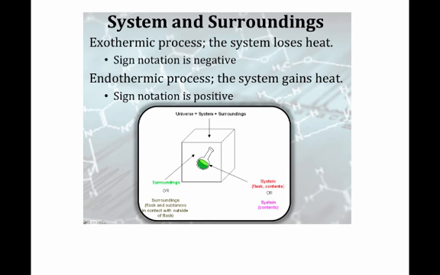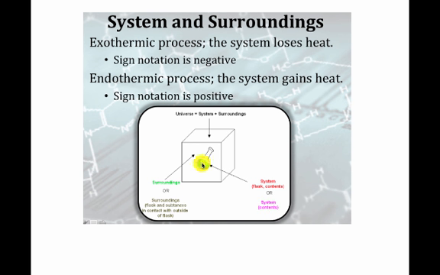So if we talk about systems, you should know that there are two terms, exothermic and endothermic processes. If this is our system, let's say there's a chemical reaction taking place inside this flask. We would think of that chemical system as the system that we're looking at, and everything else is the surroundings. Here they're saying the flask and the contents, but really it's more the contents than the flask.